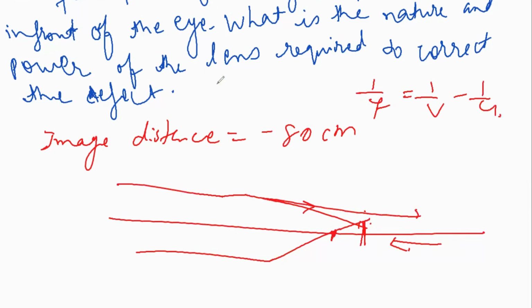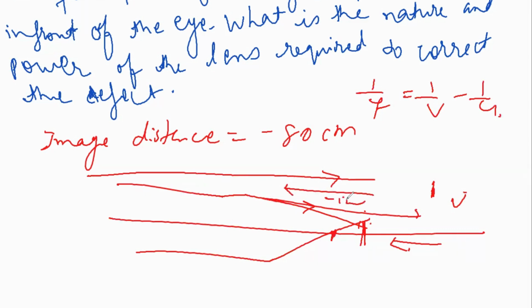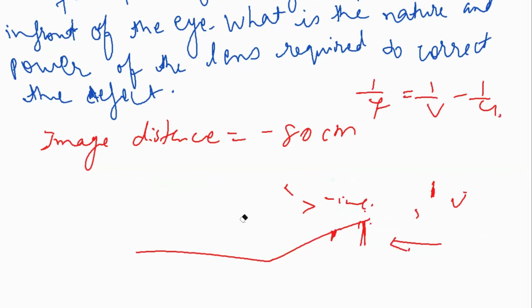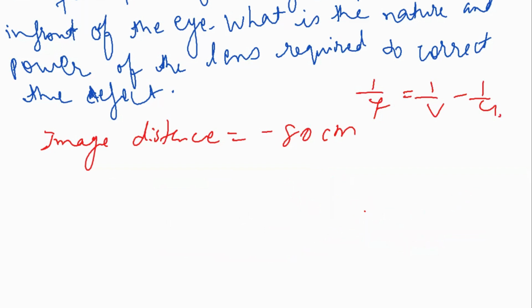That is the rule I have explained: if v, f or u is in the same direction as the light, it is positive, but if it is in the opposite direction, it becomes negative. So here the image distance v is negative, v is minus 80.